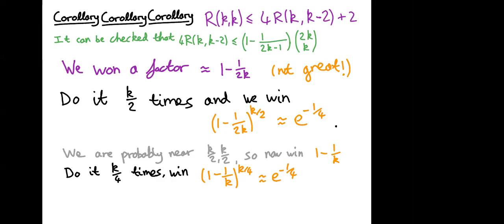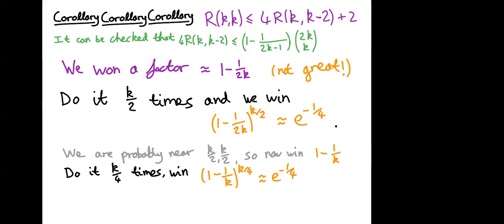But then doing k over 4 steps, you'll win a factor of 1 minus 1 over k to k over 4. In other words, going from k, k down to k over 2, k over 2, you win a constant factor. From k over 2 down to k over 4, you win a constant factor.